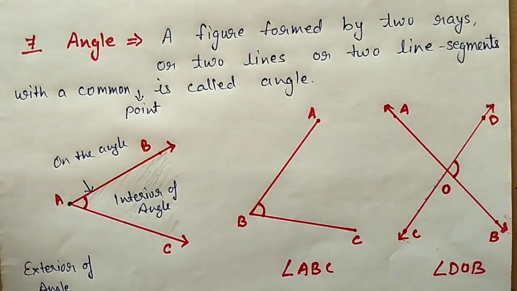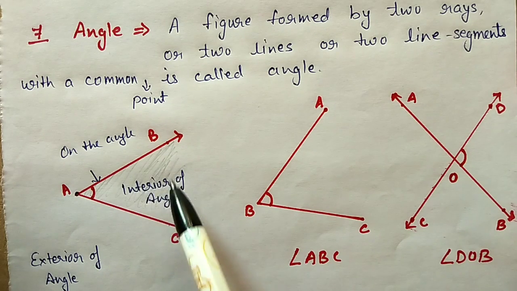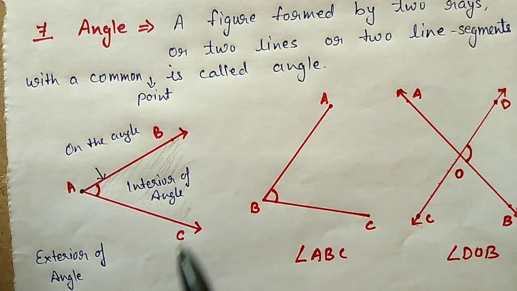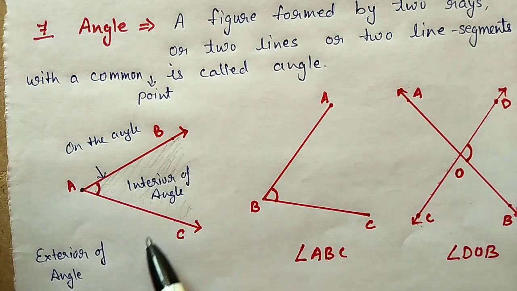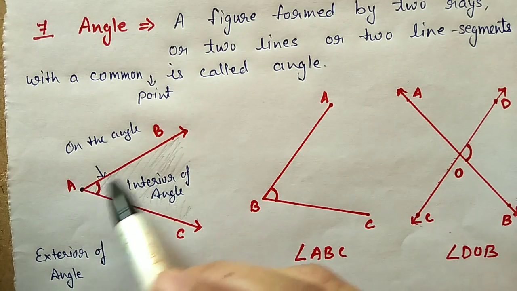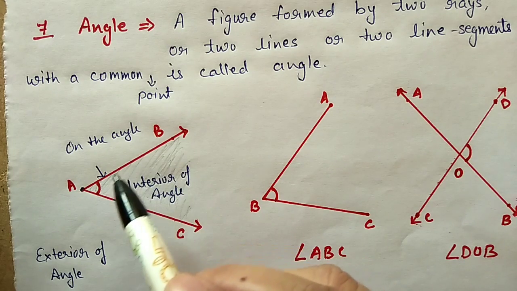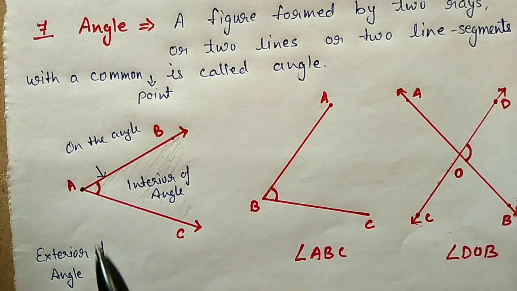Now on these angles, the part which is inside the angle is called the interior of the angle, and the exterior part we call the exterior of the angle. And whatever comes on these two lines or rays or line segments is called on the angle.